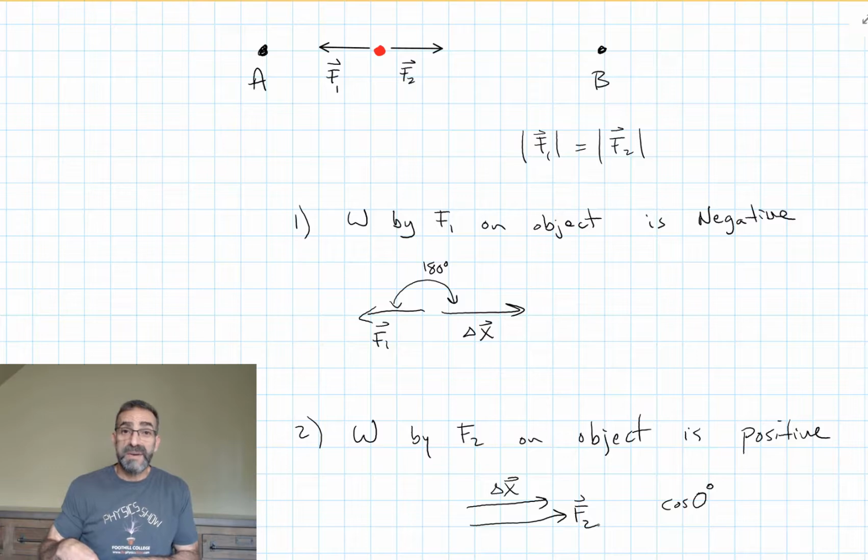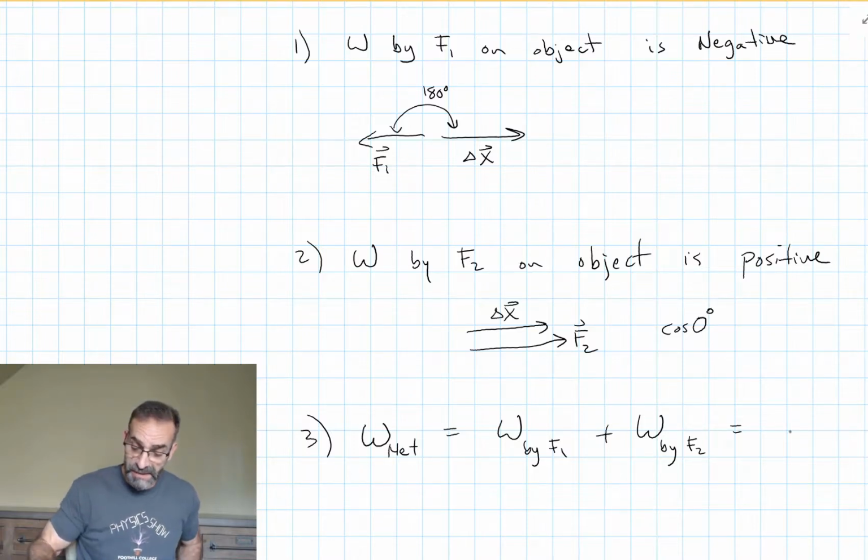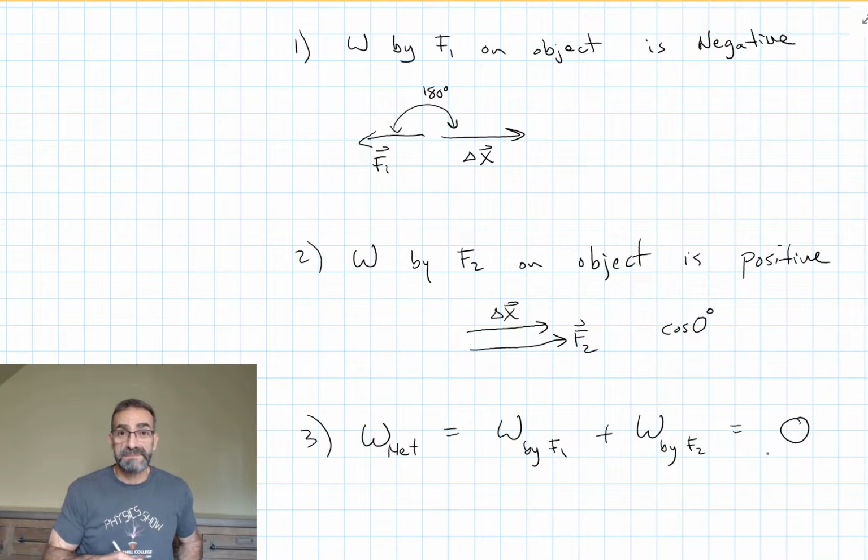Now, is the net work done on our box positive, negative, or 0? The net work done is the sum of the work done on the box by F1 and F2. One is doing positive work, one is doing negative work, and they are equal in magnitude because the forces are the same and the displacement's the same. So the net work done is 0.